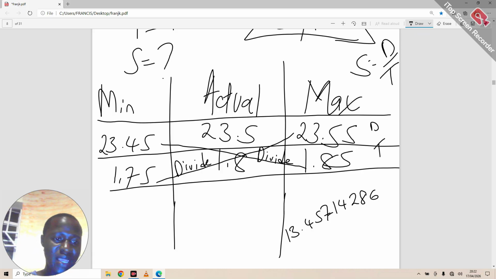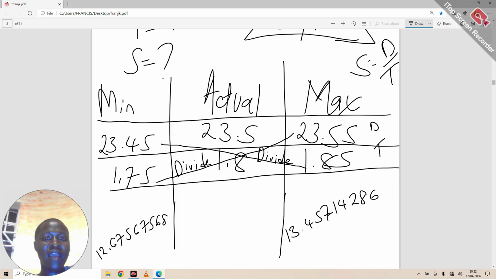So what are we getting in that minimum column? We have 12.675675 0.568.